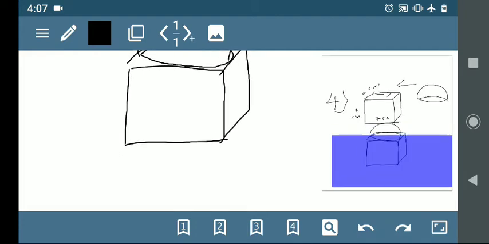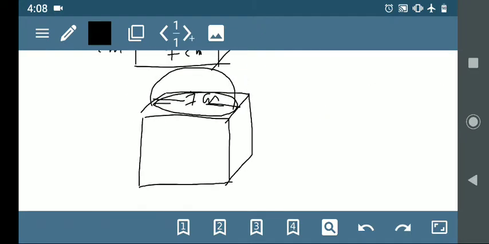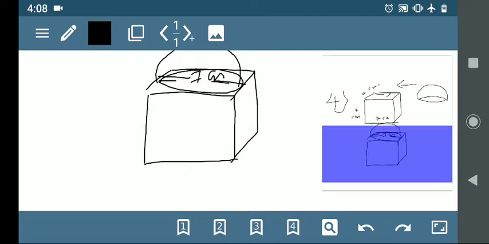See here, when the edge or the side of a cube is 7 centimeter, then the hemisphere, when it is surmounting the whole cubical surface, the highest diameter can also be 7 centimeter. Second question is find the surface area of the solid. After placing hemisphere on a cubical block, what is the surface area we have to find?